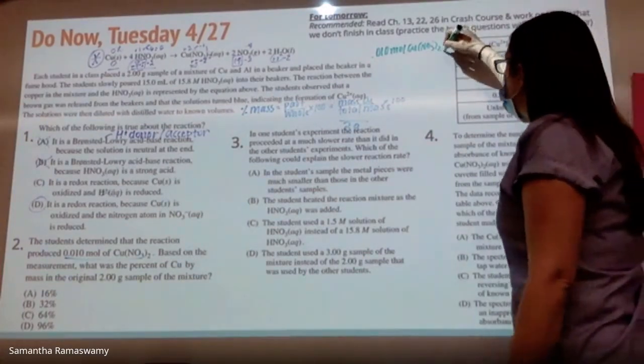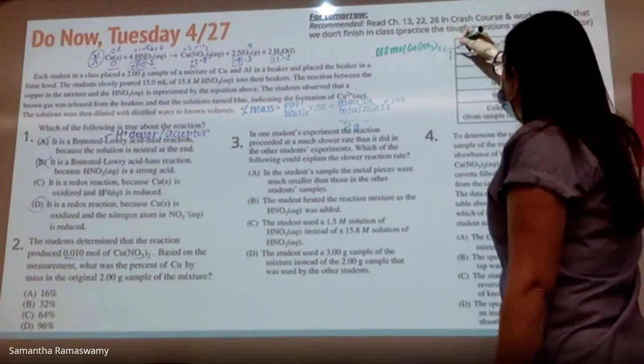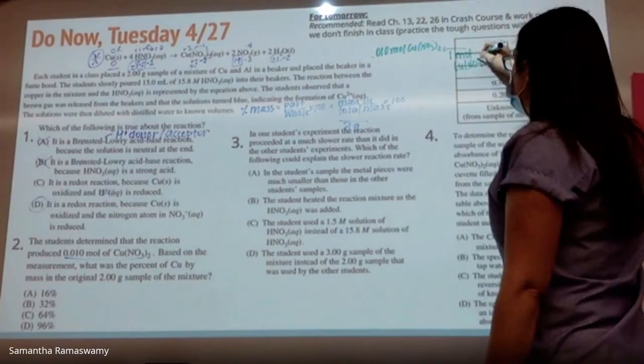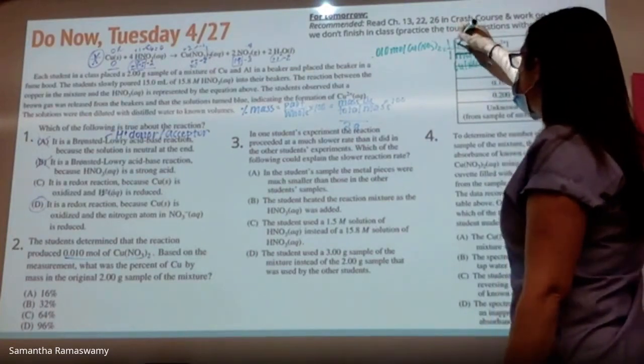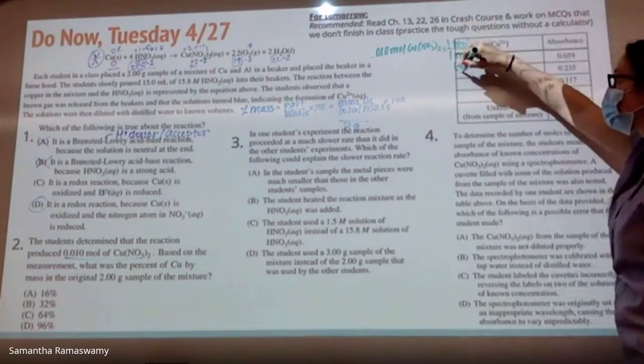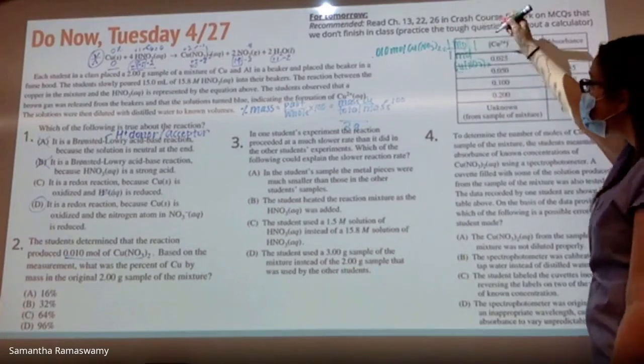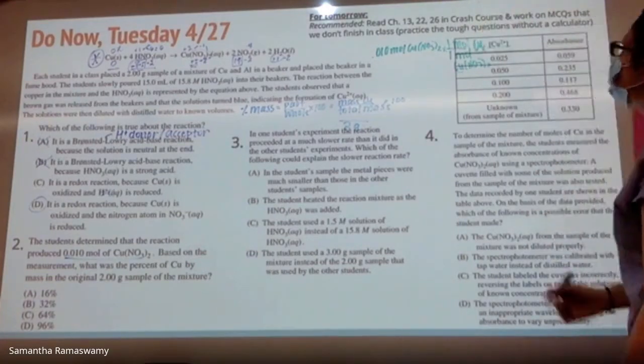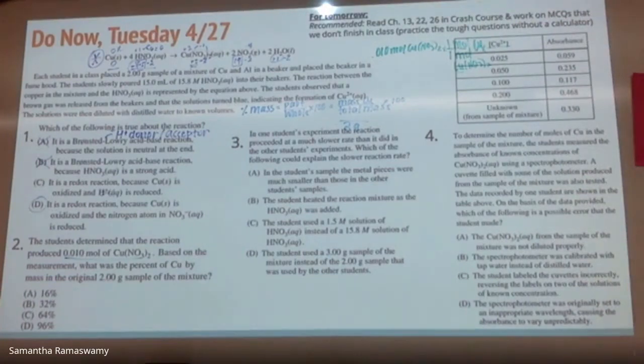So if I have 1 copper 2 nitrate, how many coppers are there in there? Just 1. That should be 1 Cu. And then you go 2 grams.